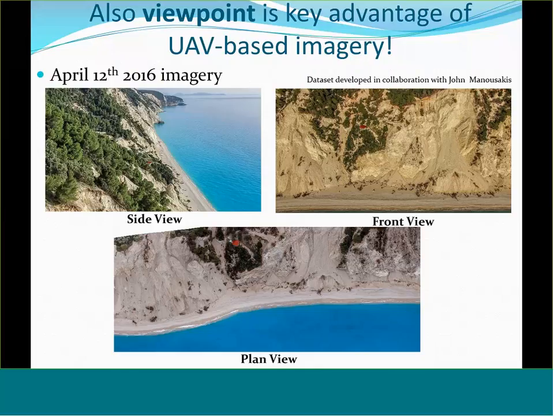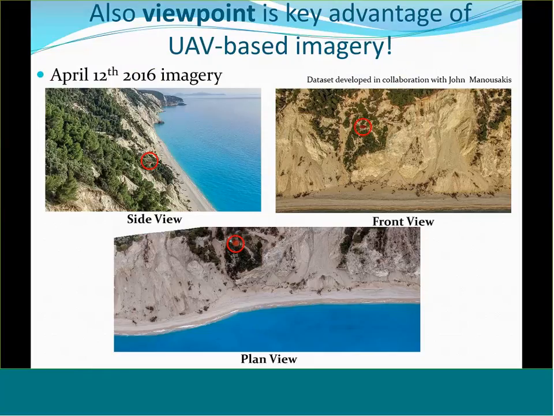Because you can fly the drone in different directions, you can actually get a side view, a front view, or a plan view of a target. And Kevin, if you click, maybe you can see this is the exact same target. You can probably see this structure there that was damaged within the landslides, and you're essentially looking at the same feature from different viewpoints.